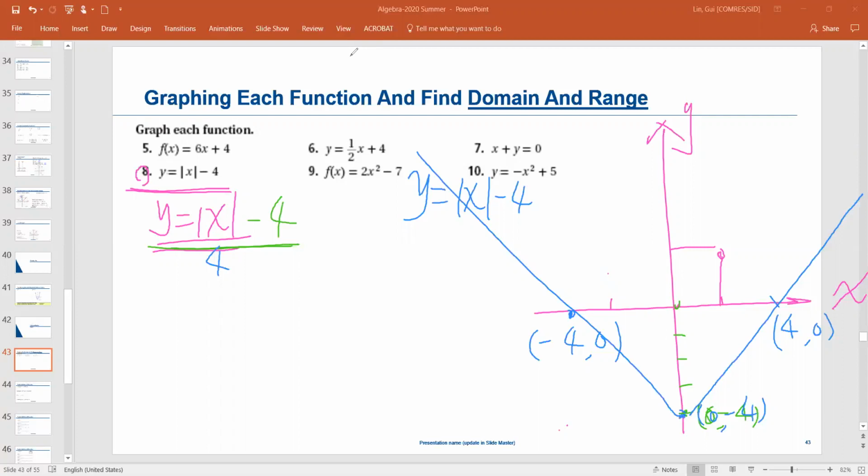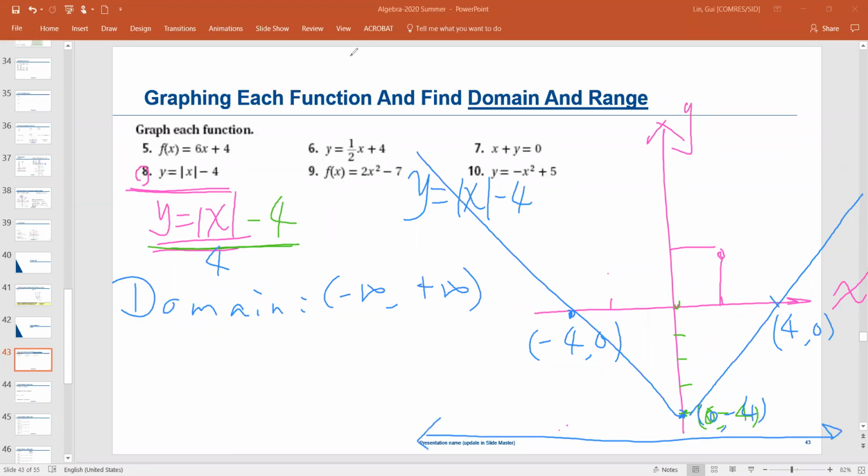So the domain will be negative infinity to positive infinity, because x can possibly be from negative infinity to positive infinity. What about the range? The range will be the y values, right? Negative 4 to positive infinity. Including negative 4, we use the bracket. We cannot use the parentheses, right?